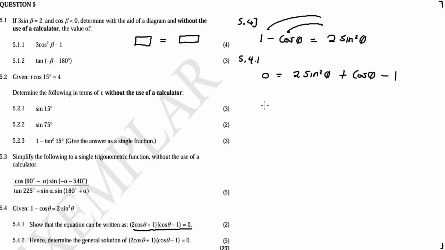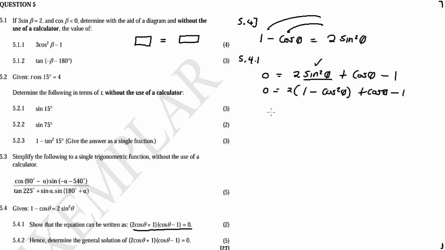Now I'm going to change sine squared into an identity of 1 minus cos squared theta. 0 is equal to 2 times (1 minus cos squared theta) plus cos theta minus 1.